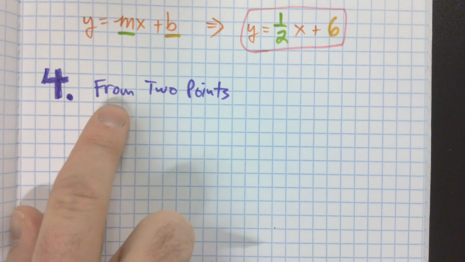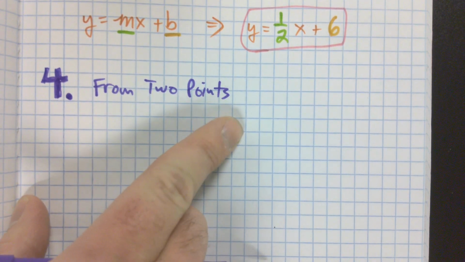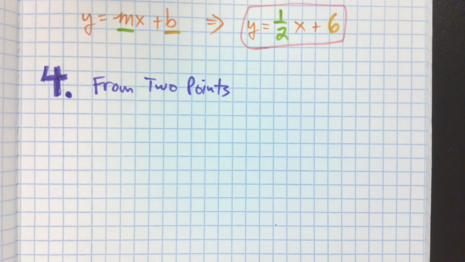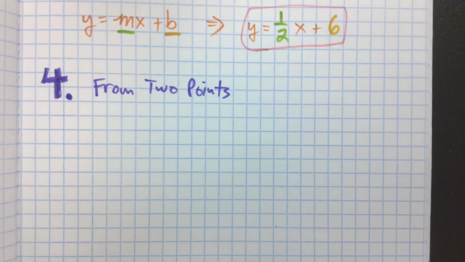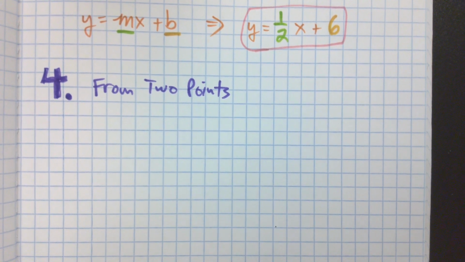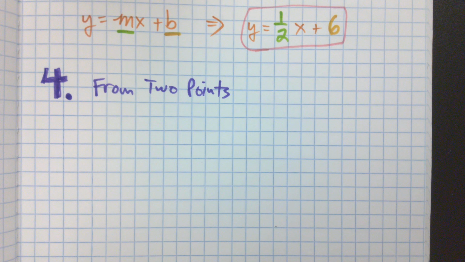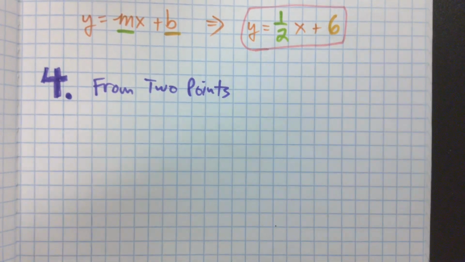If we're going to find the slope from 2 points, obviously we have to start with what we did yesterday, and that's our slope formula. So let's say, actually, I've got to think of an example that'll work with this.